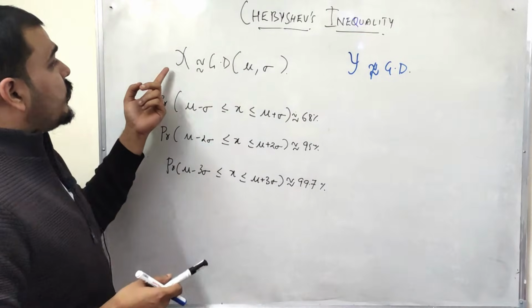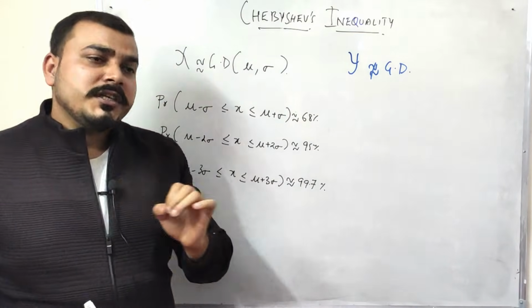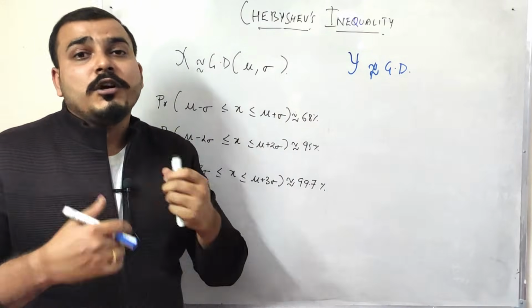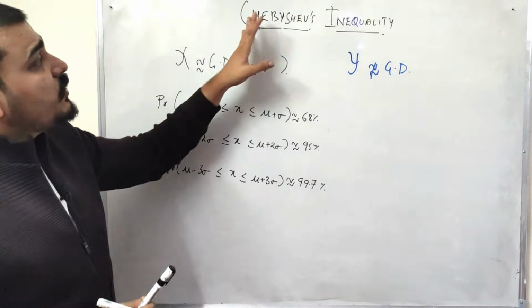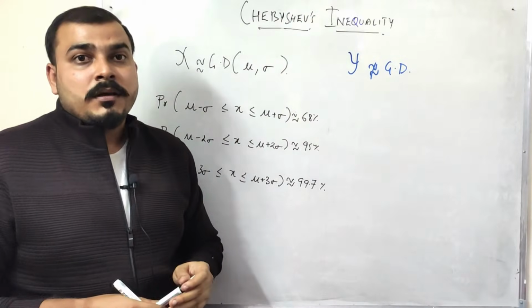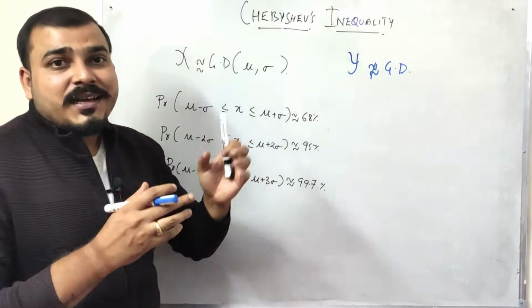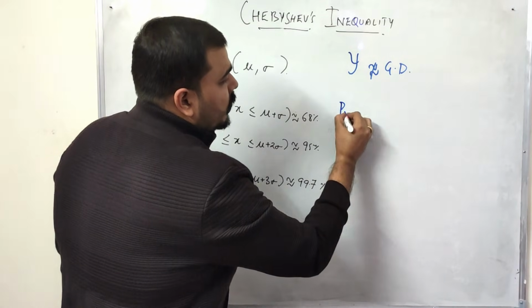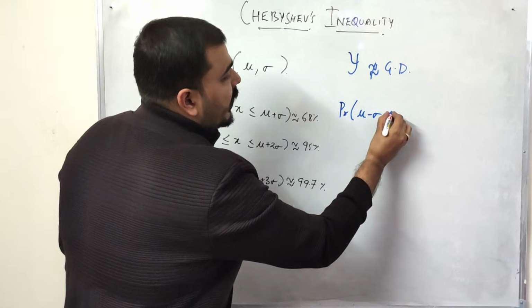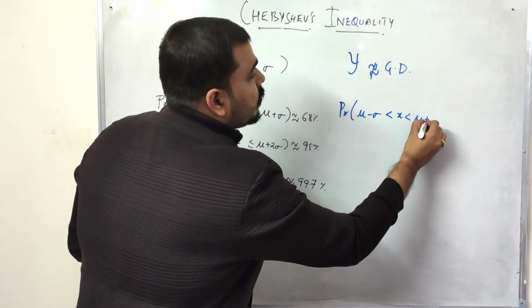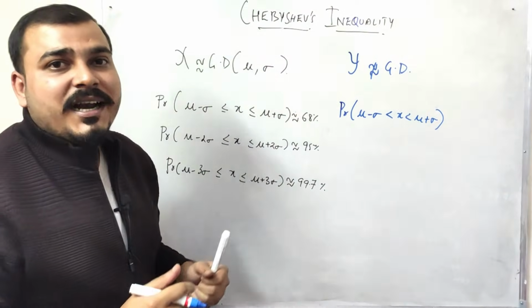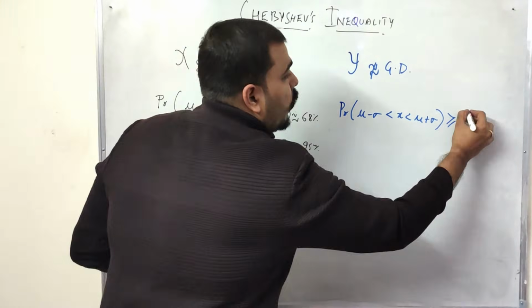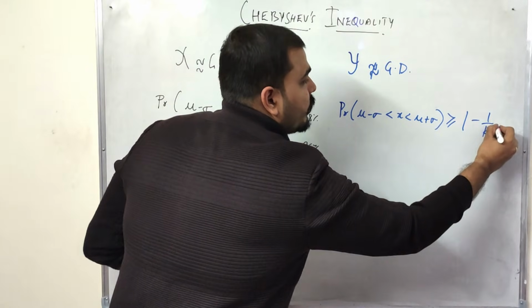Now as we know, if my random variable belongs to a Gaussian distribution, I can say that. But if my random variable does not belong to a Gaussian distribution, then what should I do? For that, we use something called Chebyshev's inequality. This theorem says that the probability of a random variable falling within the range of the first standard deviation will always be greater than or equal to 1 minus 1 by k square.